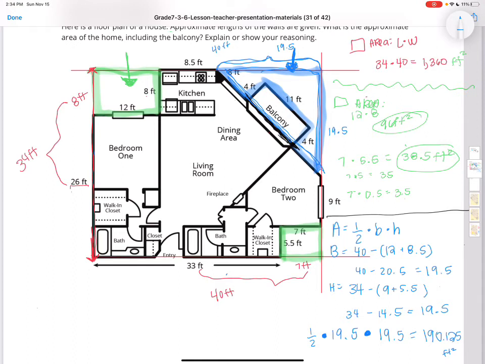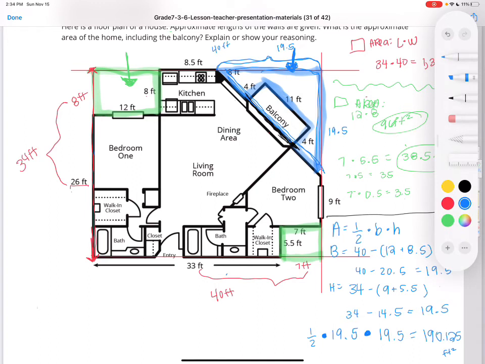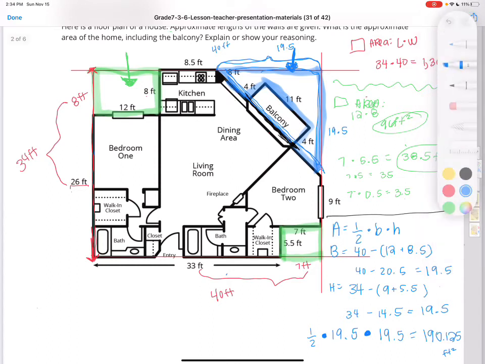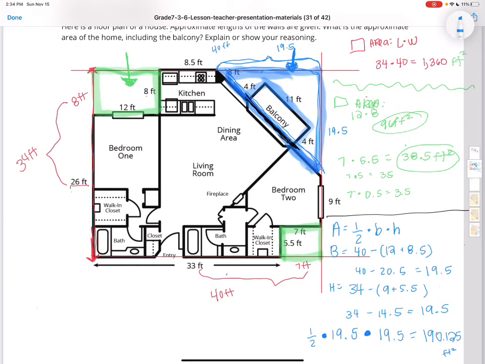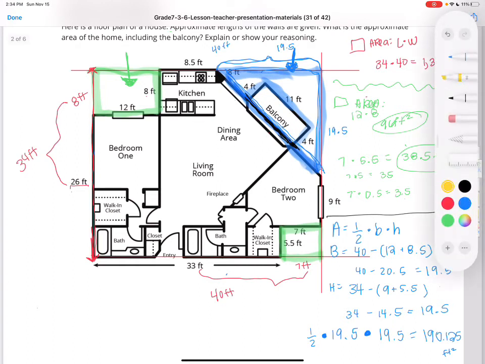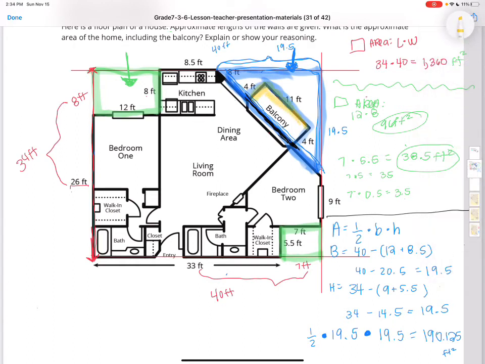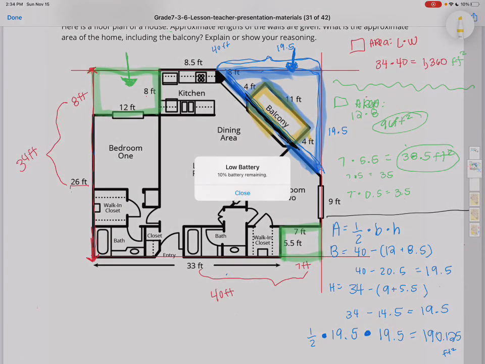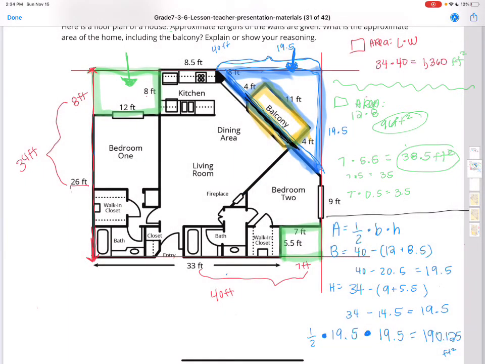Why? Because we need to add that balcony back into that shape, because the balcony is what's present, and I'm going to highlight the balcony in yellow so you guys know what I'm talking about. We found the area of this whole blue triangle right here, but now we need to add the balcony back in. I know the balcony extends right here, but it's just an estimate.